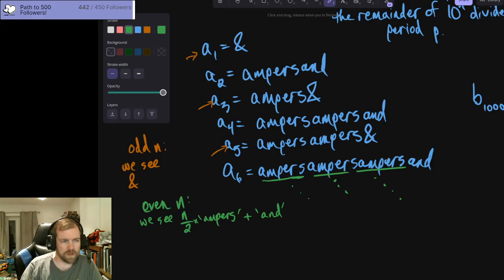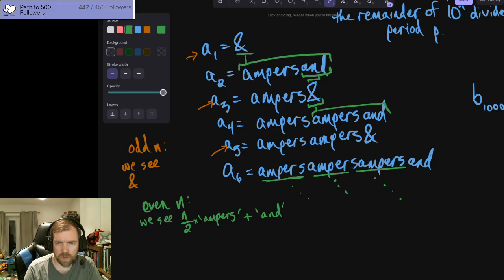So, if we start at the beginning, we see an ampersand, and then that ampersand becomes the entire word ampersand, and then the word becomes the symbol, becomes the word, okay, symbol becomes the word becomes the symbol.